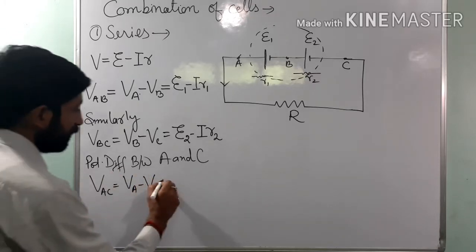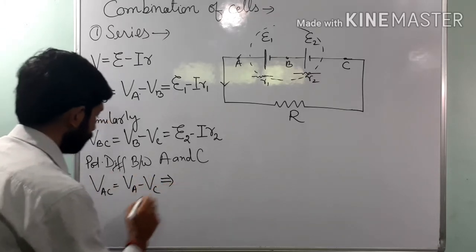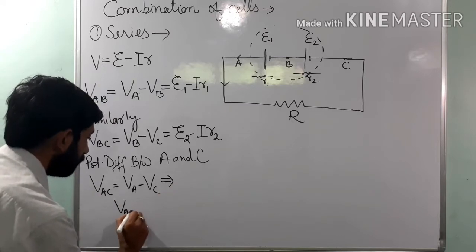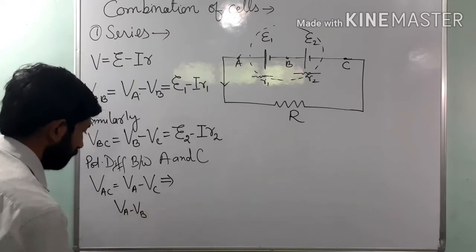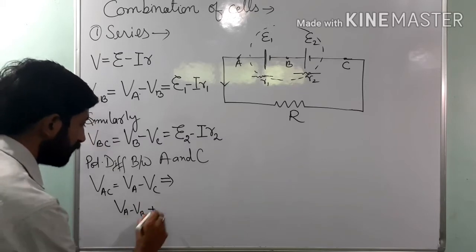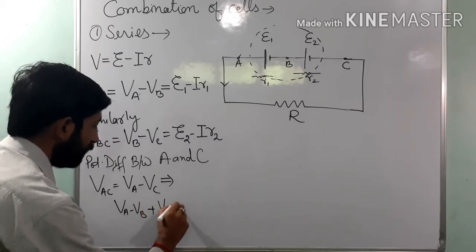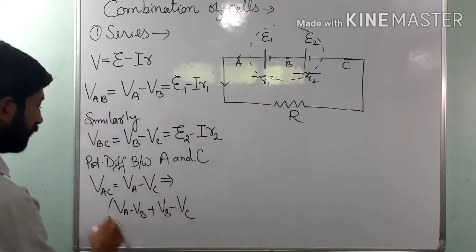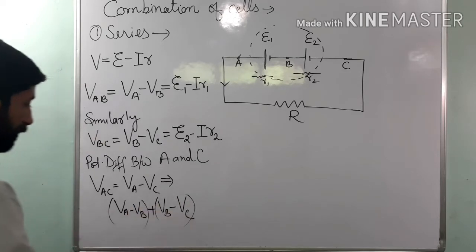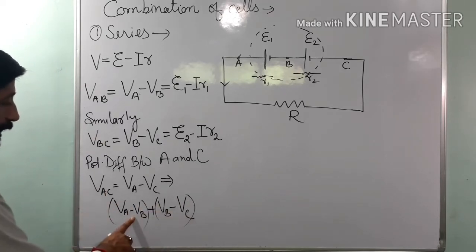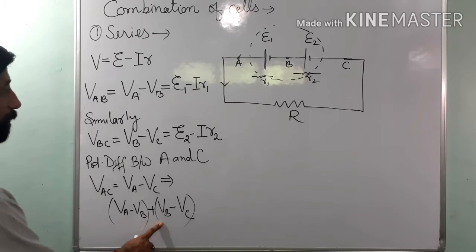Now this relation can be written as VA minus VB plus VB minus VC. I have simply subtracted and added VB.